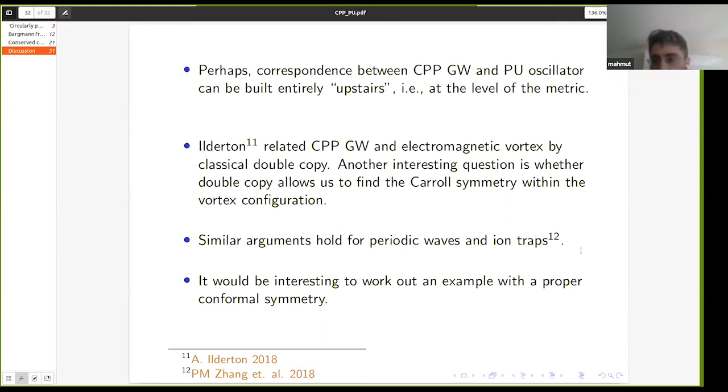It is an interesting physical system, and it is somewhat very interesting that this ion trap and this gravitational wave have the same dynamics. They have the same equations of motion. Therefore, you can make a correspondence between them, and working out the symmetries of one of them will give you the symmetries of the other.